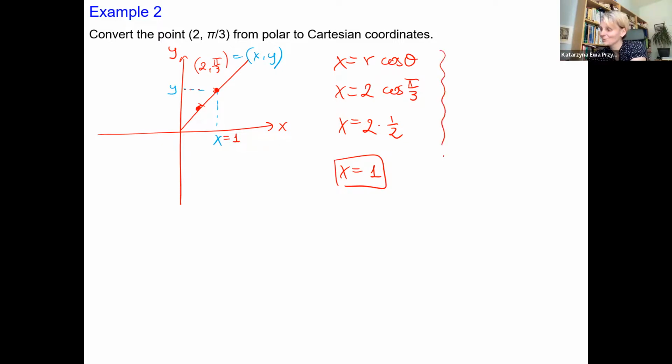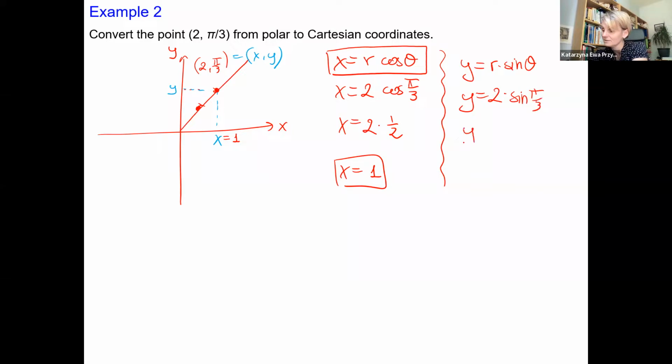Okay, what about the y? Who can type the formula for y? Similar to x. R times sine theta. 2 times sine of 60.